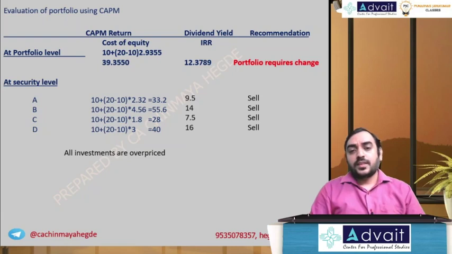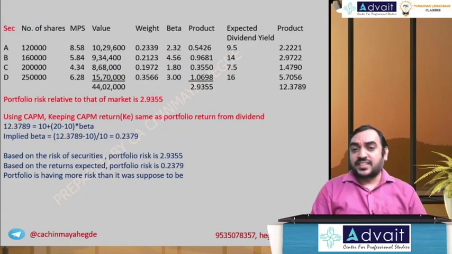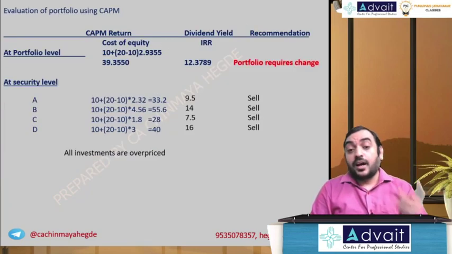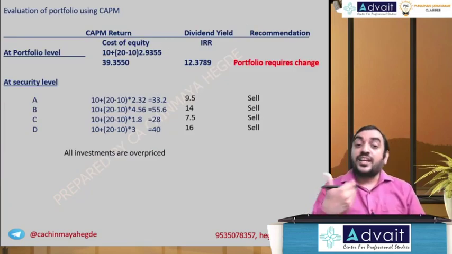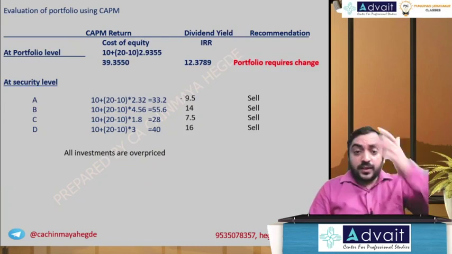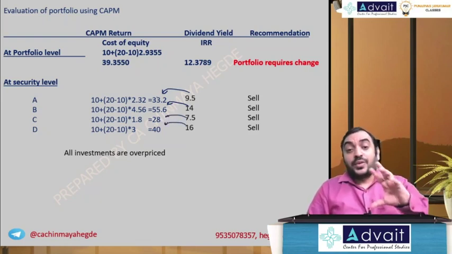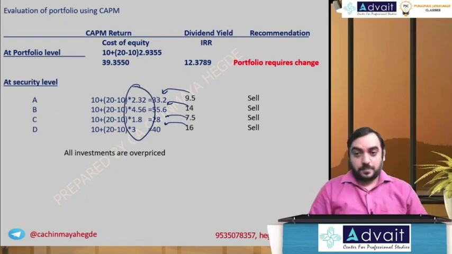One point: just like what we did previously, we calculate implied beta and compare with actual beta. I can do that also at security level. Institute has not done it, but we can. Keeping this amount as 9.5, this as 14, this as 7.5, this as 16, you calculate the implied beta.